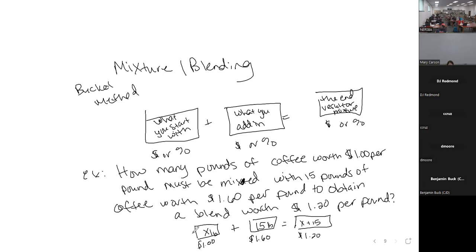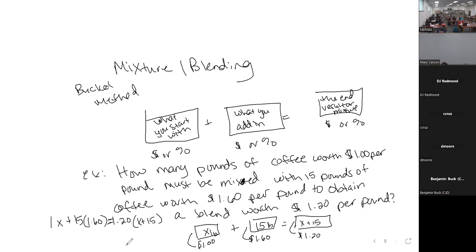So to write our linear equation, we will literally multiply each of these. So this will be 1 times x plus 15 times 1.60 is equal to 1.20 times x plus 15. Okay, and then we do that 15 times 1.60.